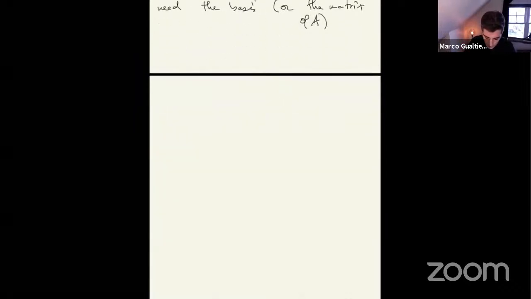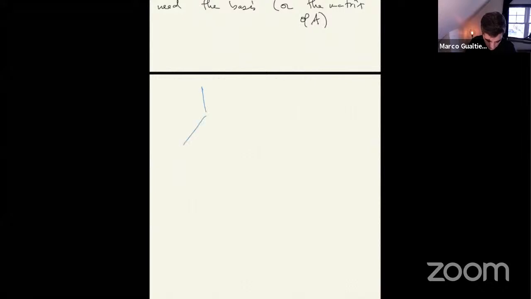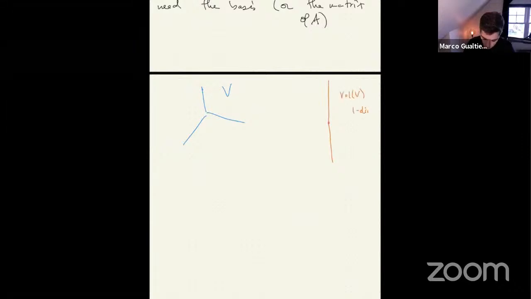So let me draw a picture. We have V, and then we have vol V, which is one-dimensional. It's just a line, and the points in this one-dimensional space are the different possible volumes.